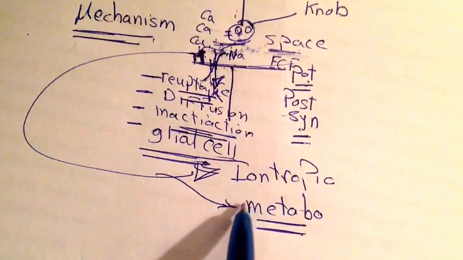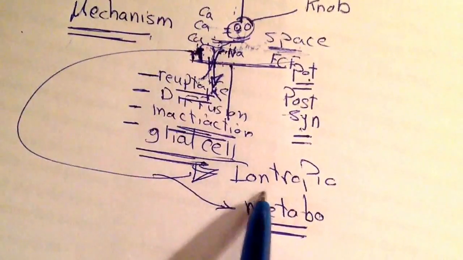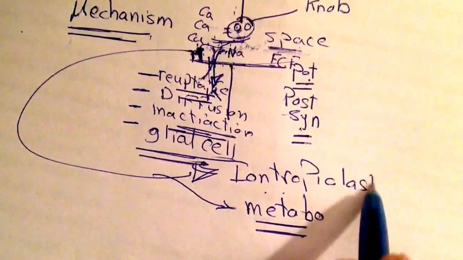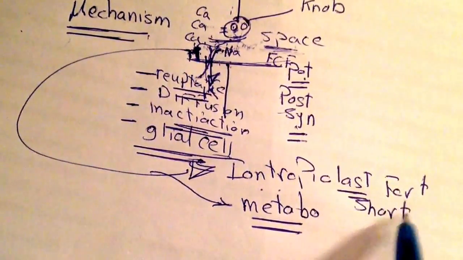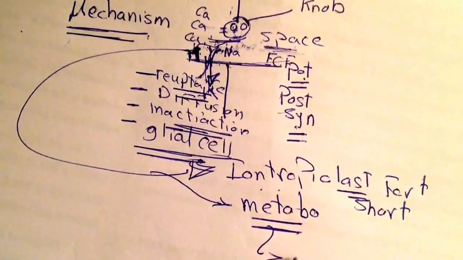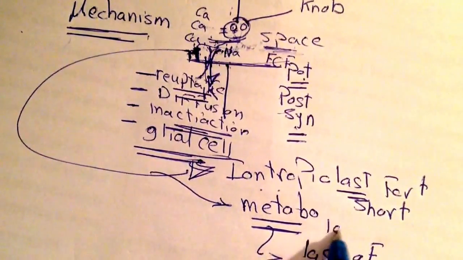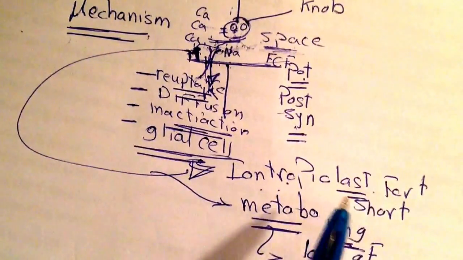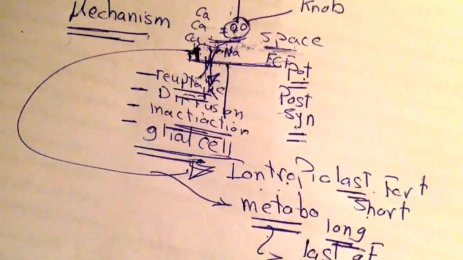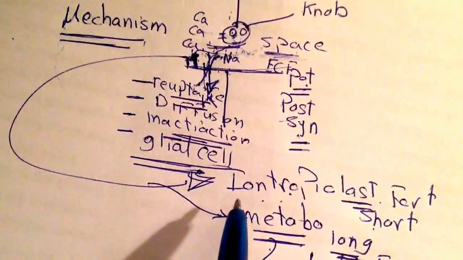Both receptors permit the chemical transmitter to bind here, but ionotropic action lasts for a short duration, while for metabotropic, the action of the chemical transmitter on it lasts for a long duration. So ionotropic duration is short, metabotropic duration is long. This is the mechanism of synaptic transmission.